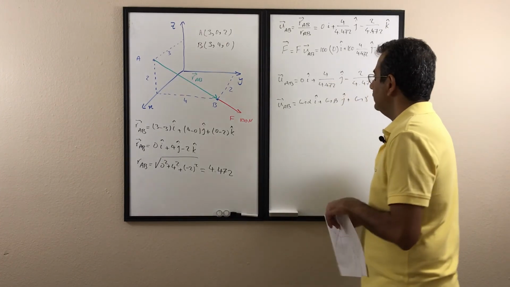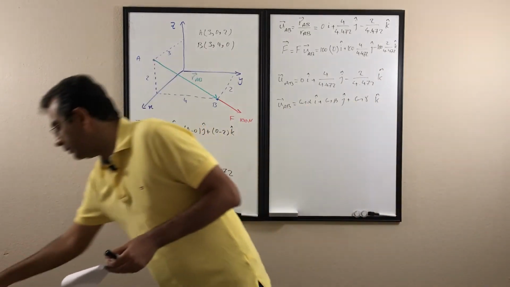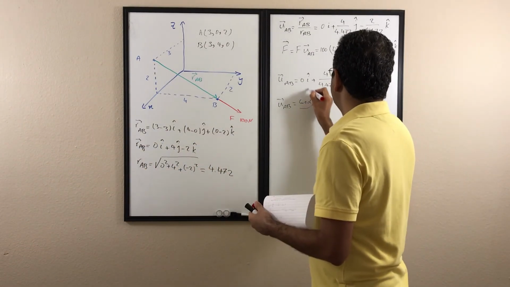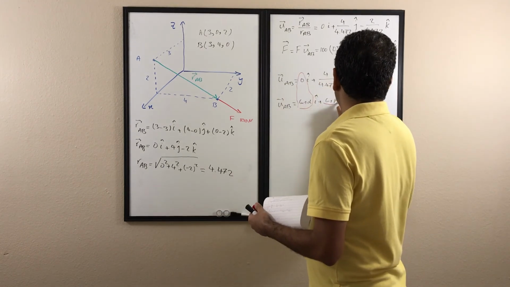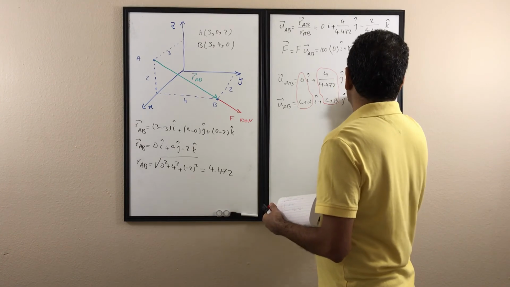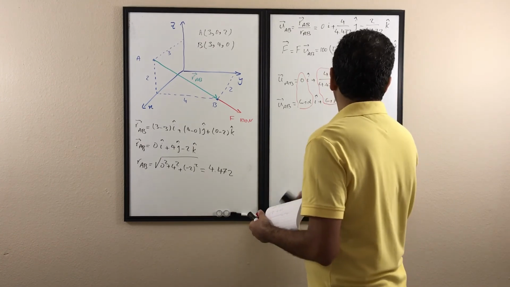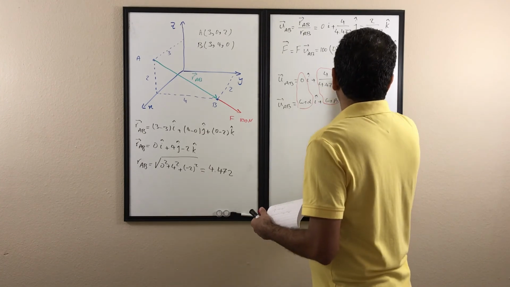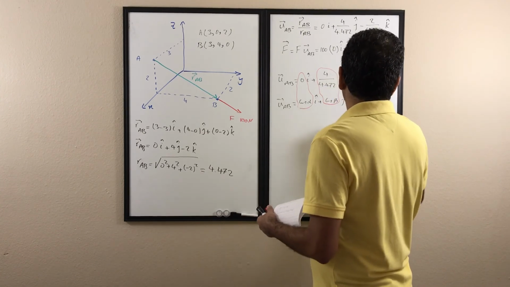So if we compare these two, cosine alpha is 0, cosine beta is this number, and cosine gamma is this number, including the negative sign.